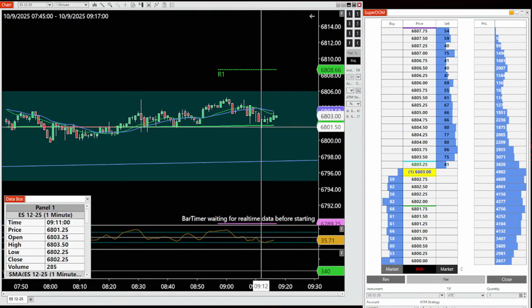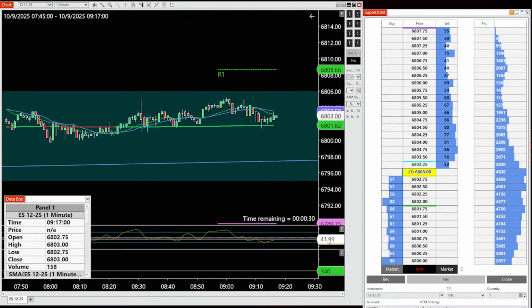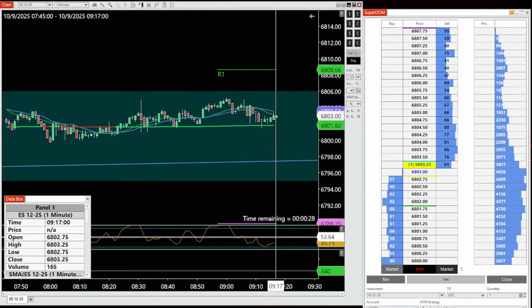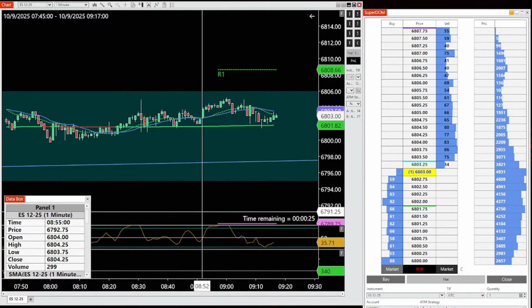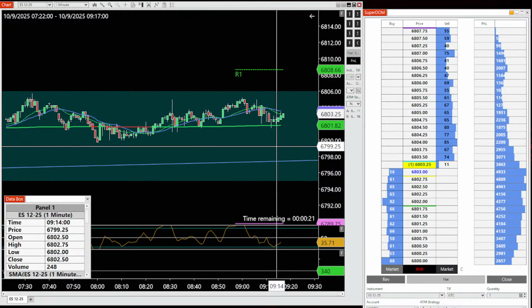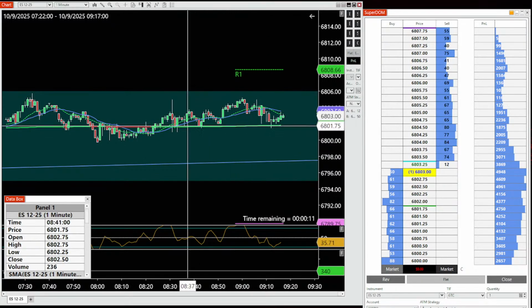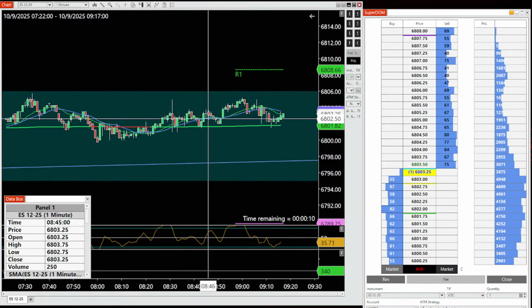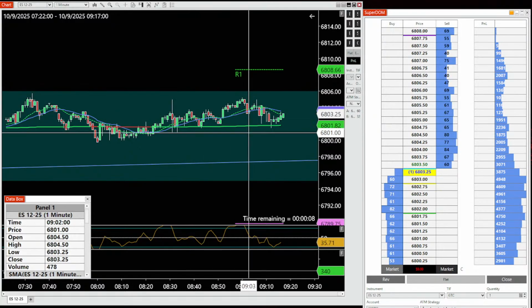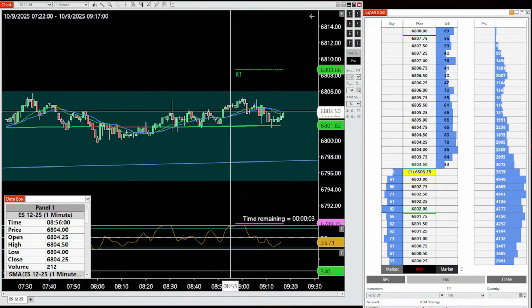The 1 minute looks like it's bouncing off the bottom, bouncing off of VWAP, lows 01. See, bounce, not too high, bounce, not too high, bounce. Let me see, 375, 05.